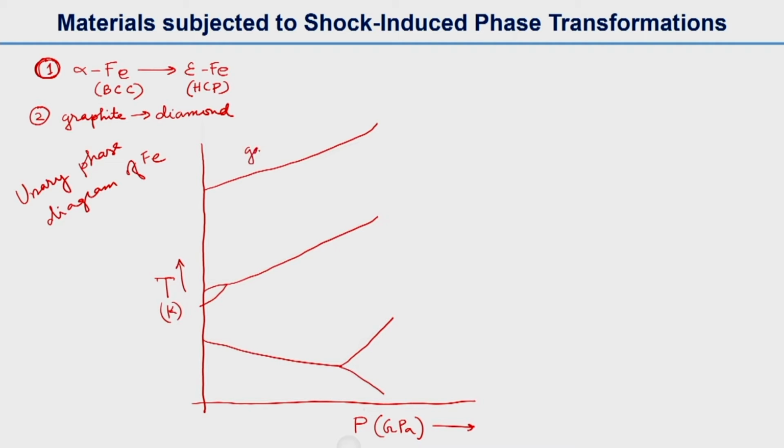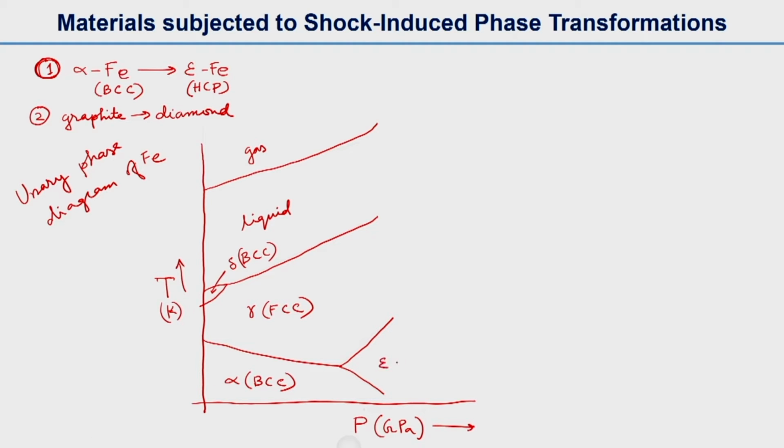This region is the gaseous phase, this is the liquid phase, and in this small region is delta iron, which is BCC. This area is the gamma phase, FCC, and at lower temperature it has the BCC crystal structure, the alpha phase.